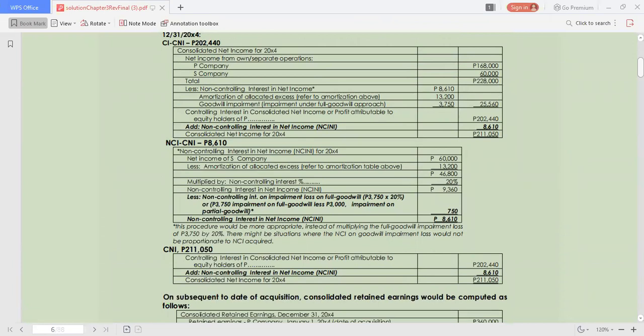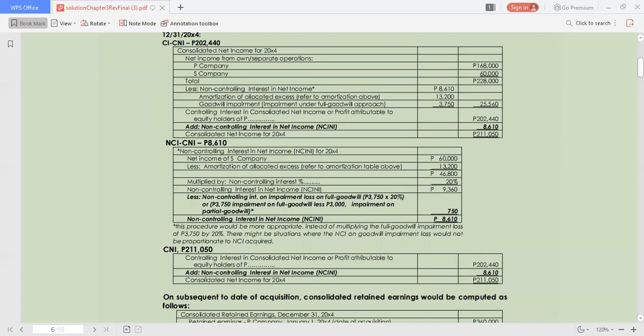Then the total, we deduct the non-controlling interest in net income, and we have the amortization of allocated excess, and we have now the goodwill impairment under the full goodwill approach. So we have now the controlling interest in consolidated net income or profit attributable to equity holders of P.